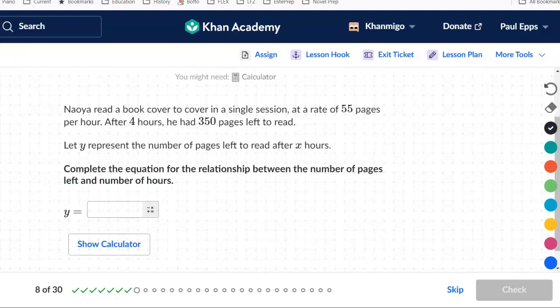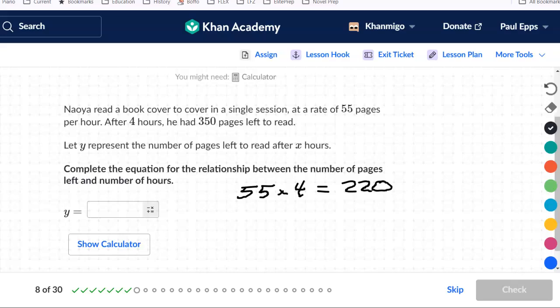So after 4 hours, he has read 55 times 4 equals 55, 110, 220.